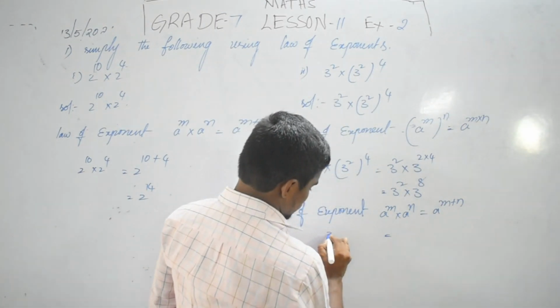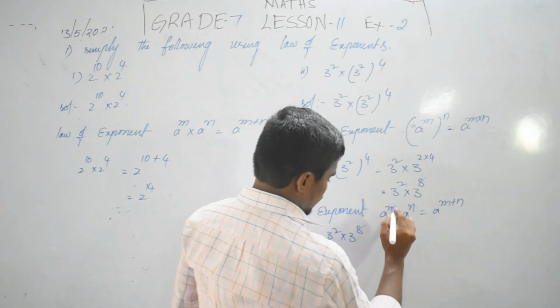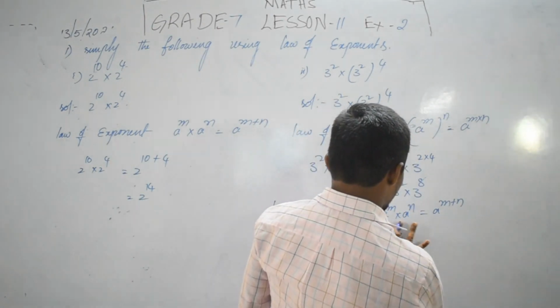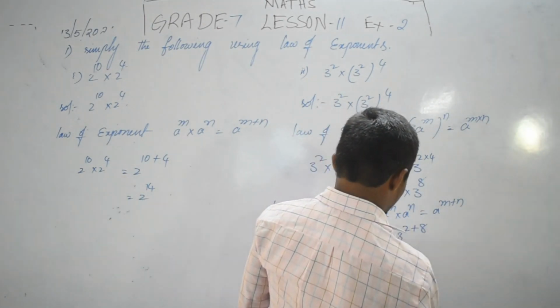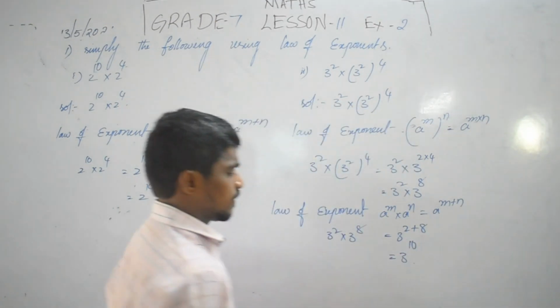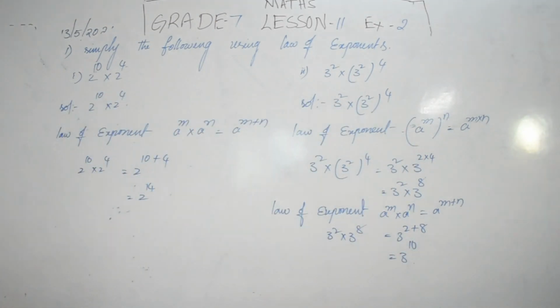So 3 square times 3 power 8 equals 3 power 2 plus 8, which is 3 power 10. That is how we use those formulas. There are 20 problems given here, so you do them as shown. Next, the third one and fourth one you write, the fifth one I will do.